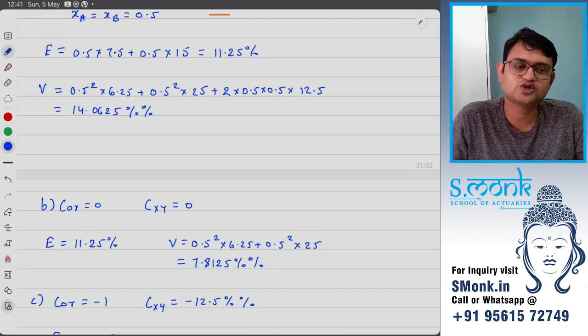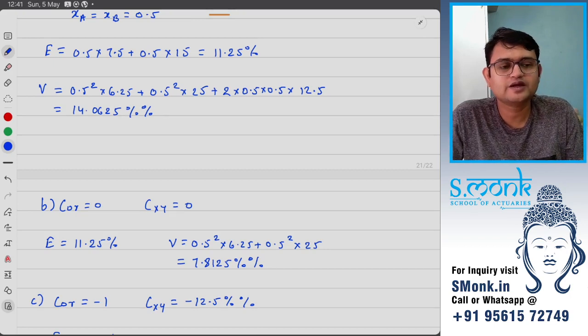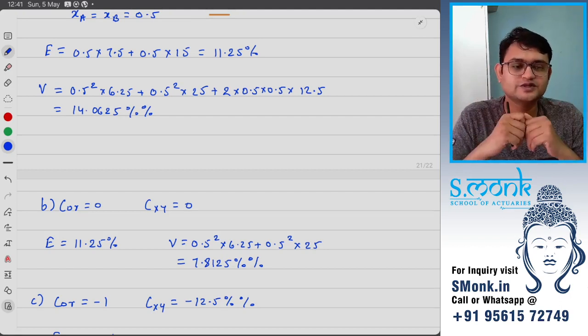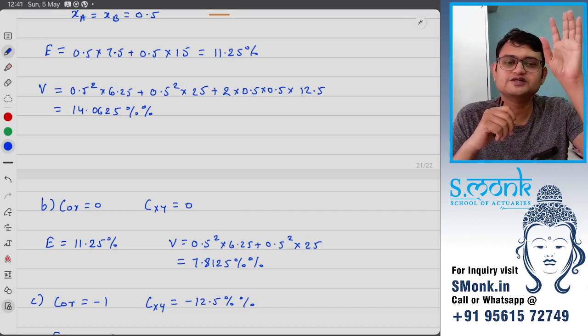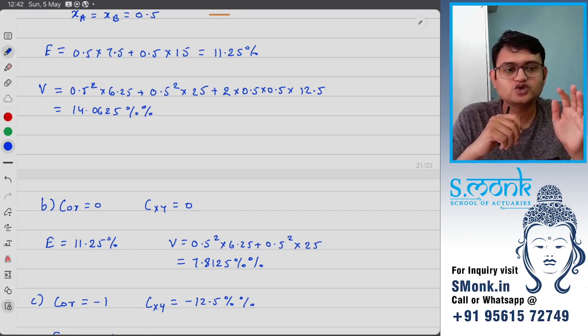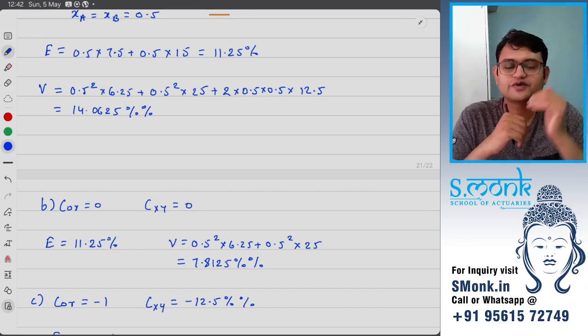If we choose such stocks, let's say I'm talking about Tata Motors and Maruti Suzuki. Both are car-making companies, making similar types of cars. Their market share is very similar. Their audience is very similar. I'm not talking about Mercedes and Tata, or Tesla and Tata. Those are totally different types of companies.